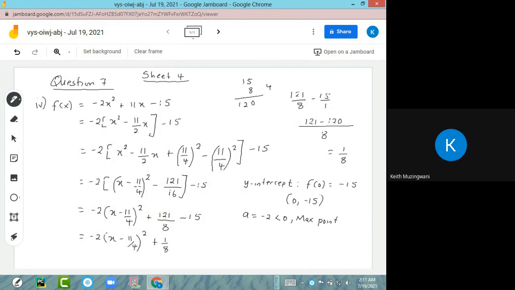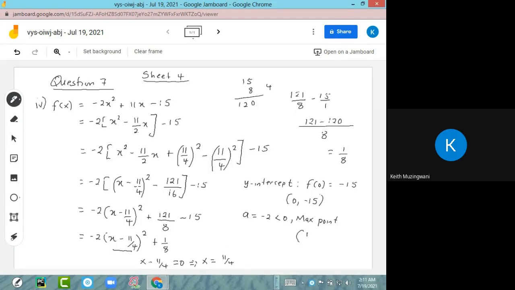is what we need when sketching. The line of symmetry is obtained from x minus 11 over 4 equal to 0, so that we get x is equal to 11 over 4.